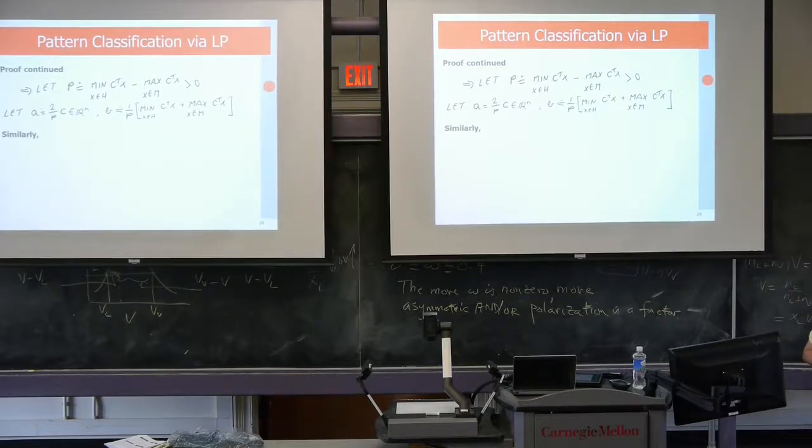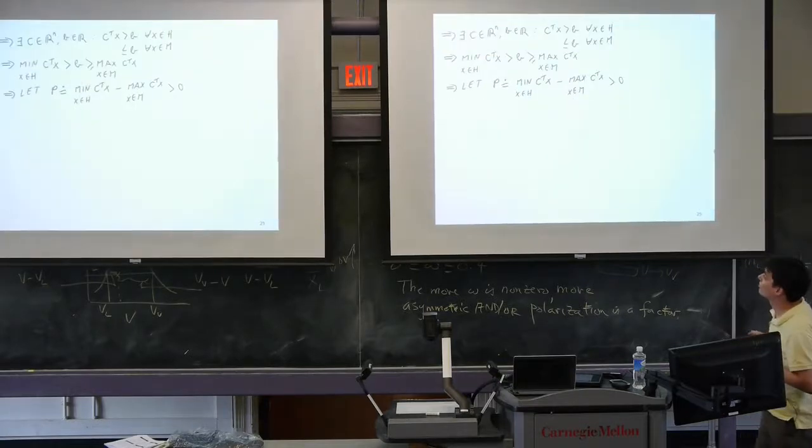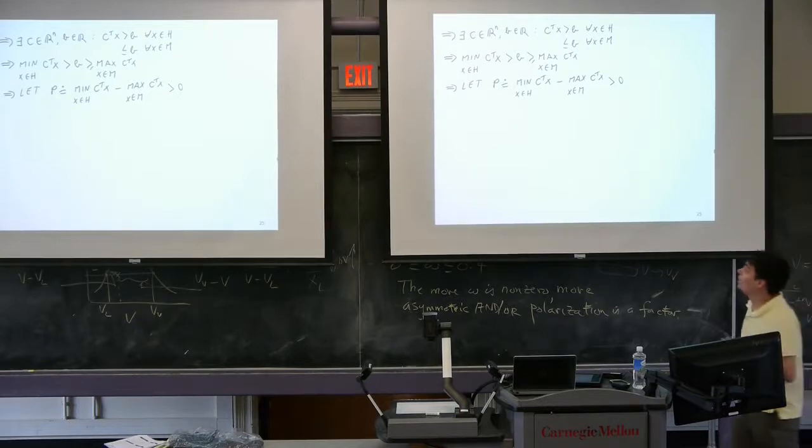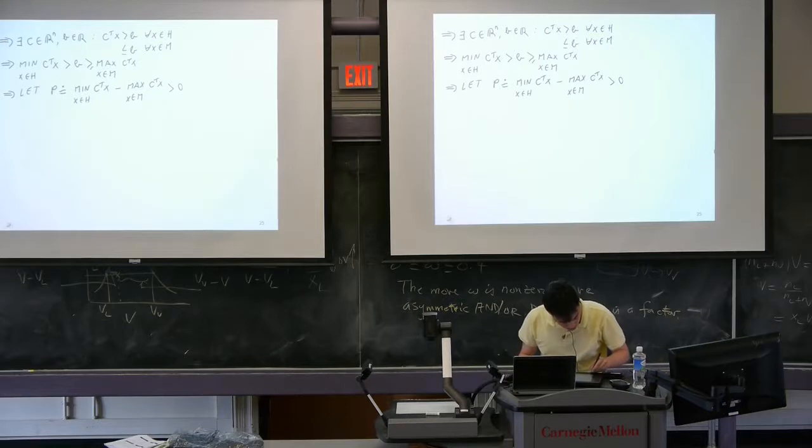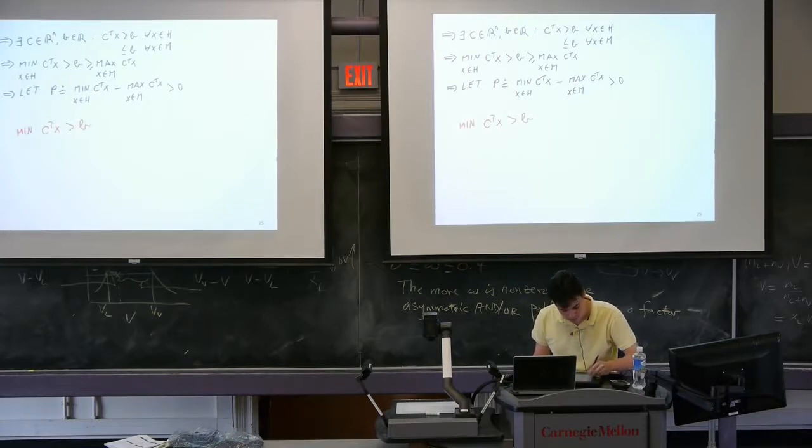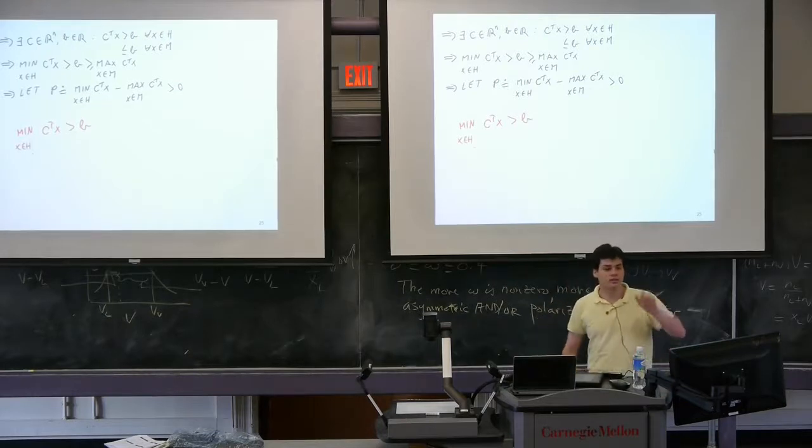You remember this last time, right? That was this discussion of how to construct vectors A and B. This was our construction that we divided this vector C by this real number P. So what was the other one, that we have this C transpose X. We know that it's always larger than B. What was the other way of constructing?